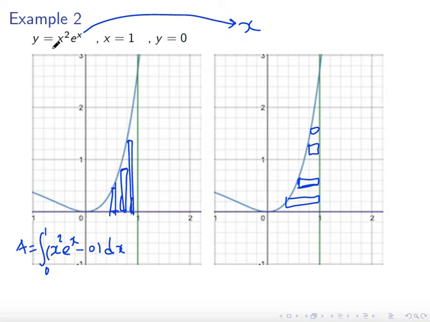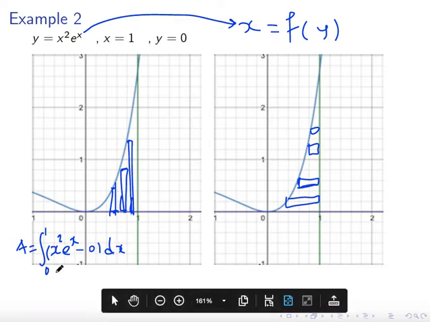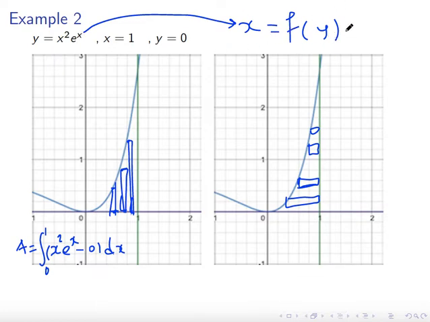You will not end up with x equals a function of y. So that's why we cannot set the integral in terms of y for this one. And even if you could solve this in terms of y, we might get a very complicated function, which is very hard to integrate.